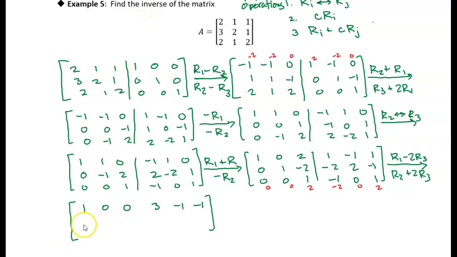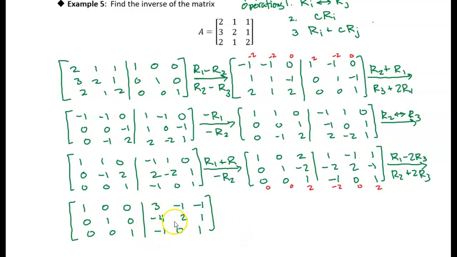All right, so 0, 1, 0. Okay, and then I have negative 2 plus negative 2 is a negative 4. 2 plus 0 is 2. Negative 1 plus 2 is a positive 1. All right, and then the third row is all ready to go. So I'm just going to copy it down. 0, 0, 1. Put a bar.